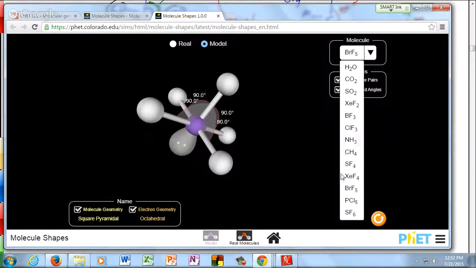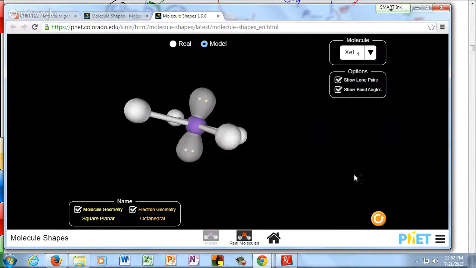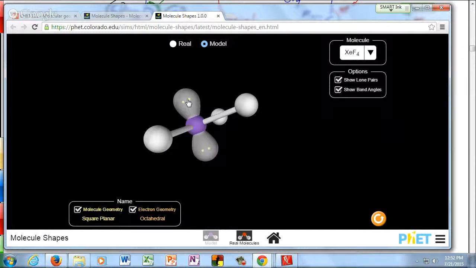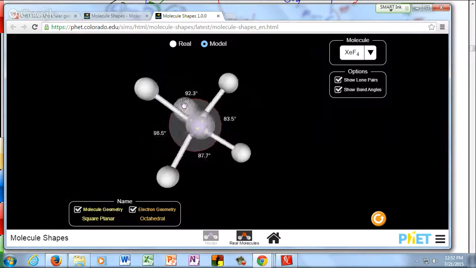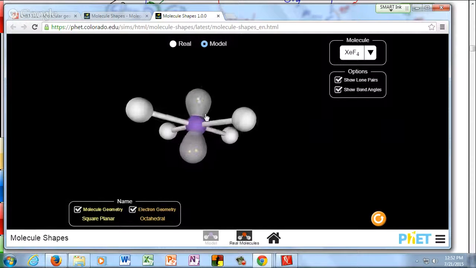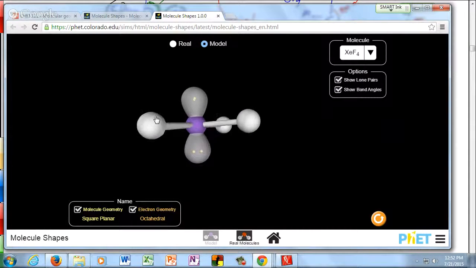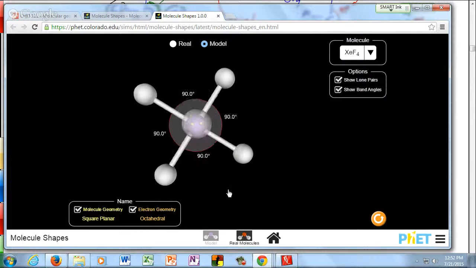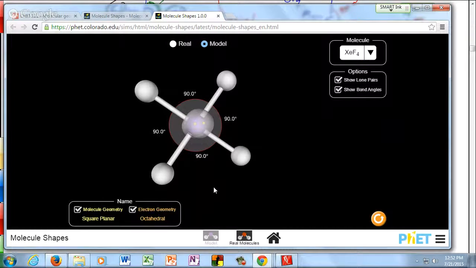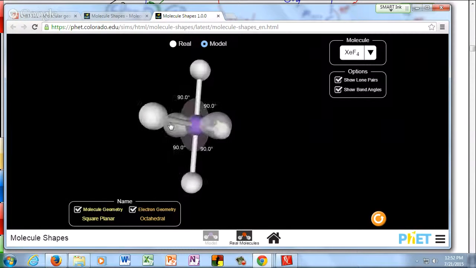Push them away. So that would be something like this. Where we now have the lone pairs on either side, and that's known as square planar, just like trigonal planar. It's like a planar structure where each atom is in the corner of a square, and the central atom is in the middle of the square.